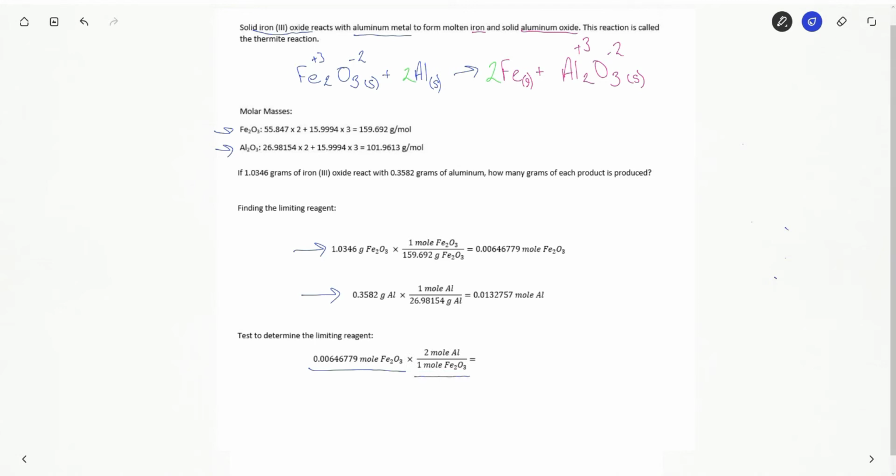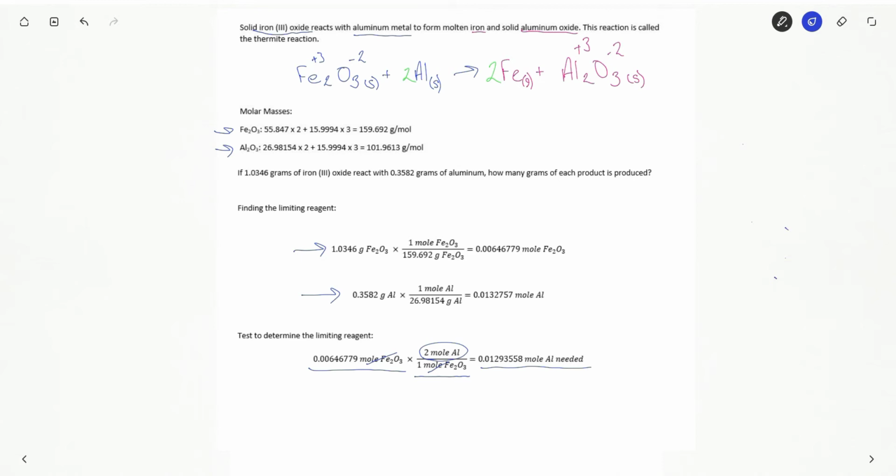You can see that I'm simply converting my moles of iron oxide into moles of aluminum, and it's just a simple 2-to-1 ratio. So I should need twice as many moles of aluminum. So if all my iron oxide is going to react, I'm going to need at least 0.0129, etc. moles of aluminum. Okay, that's how much I'm going to need.